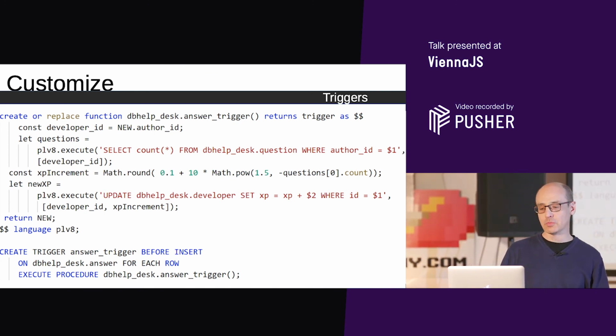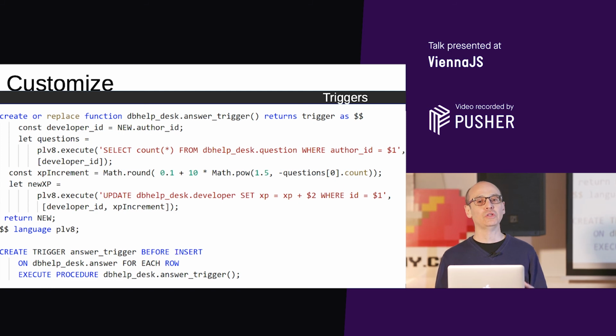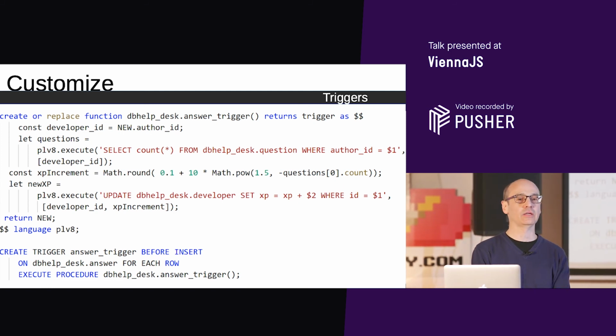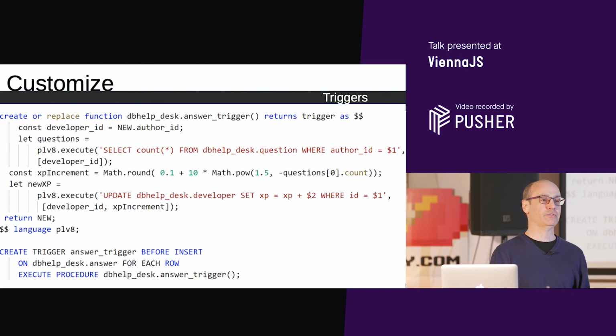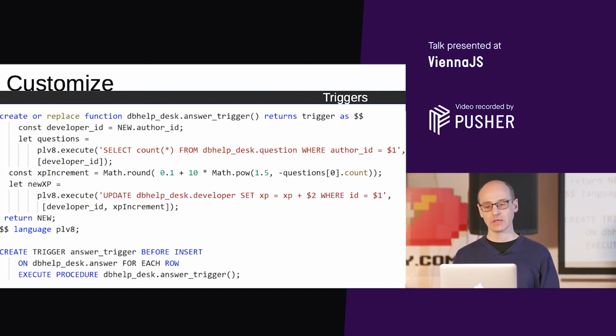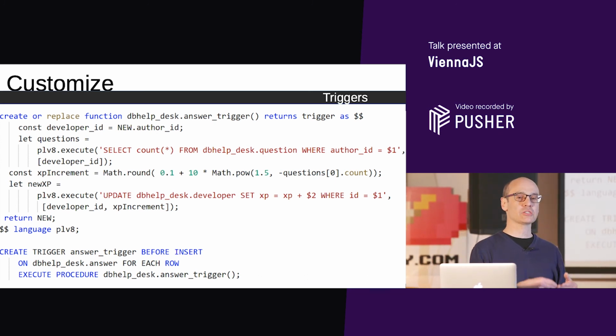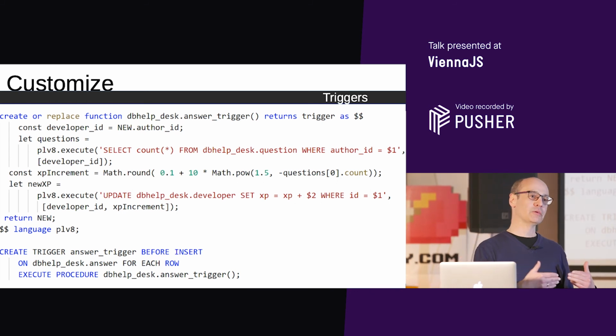There are still other options if you need to customize your backend further. For example, one thing that is very useful within Postgres is triggers, similar to the ones we saw from Firebase. In this case, as I mentioned before, the XP of the user shouldn't be modified directly, but as a reaction to what he's doing.